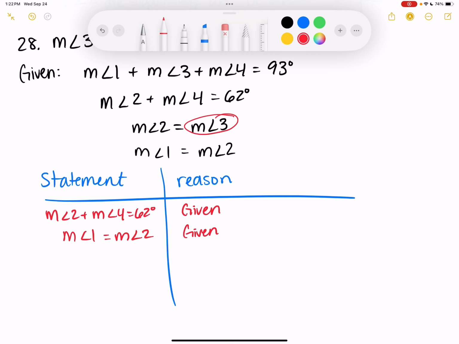Does this statement up here have the measure of angle 2 in it? No. So I need to see if there's something I can do to replace that, because all this other stuff has angle 2 in it. Well, let me back up. Hold on.